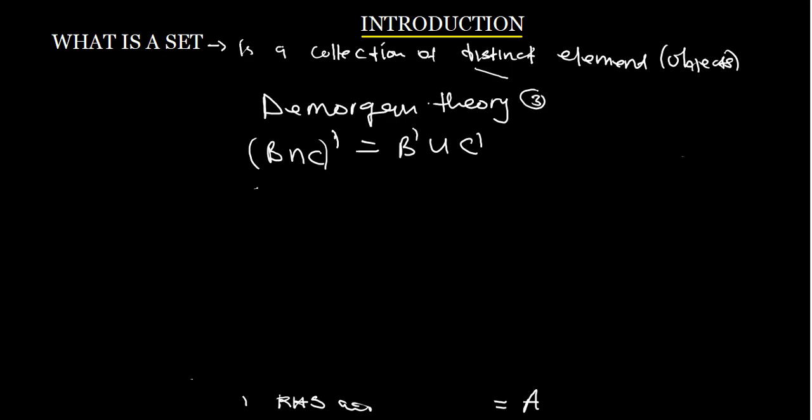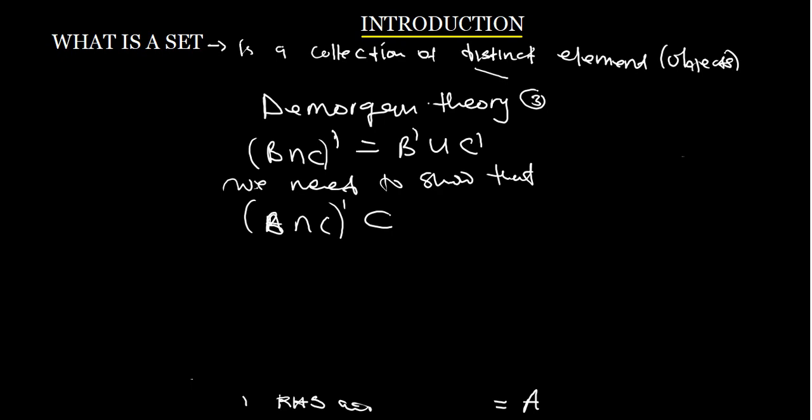So the same, you make a statement. We need to show that what is on the right side should be the subset of what is on the left side, and also the opposite, the other way around.